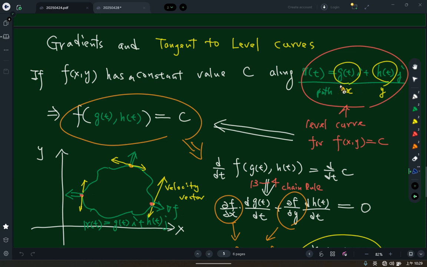Then you can simply regard g of t here as x, and h of t here as y. So that you can treat them as parametric equations, right? x is equal to g of t, then y is equal to h of t. Then since you say that following this path, the f function always returns a constant c, that means if we use g of t, h of t as the input for this function, the function value is always c.